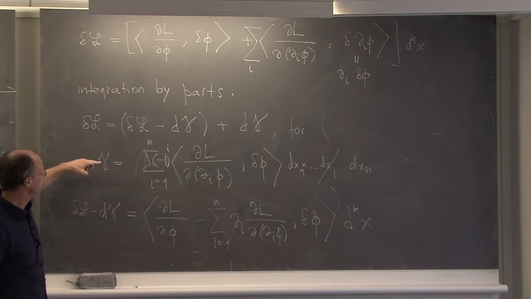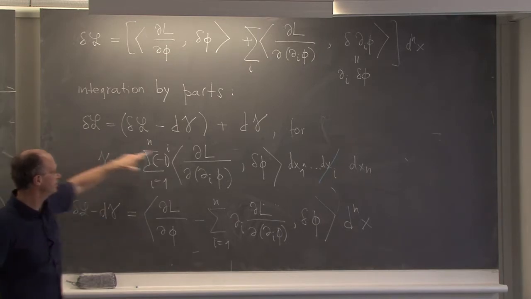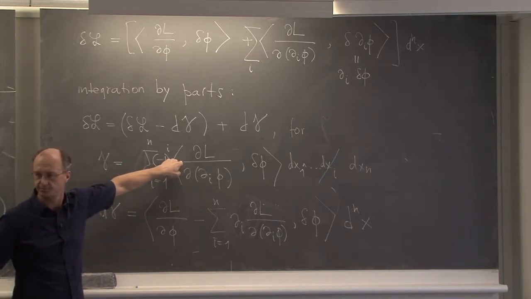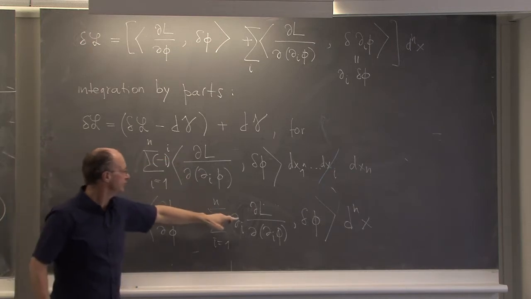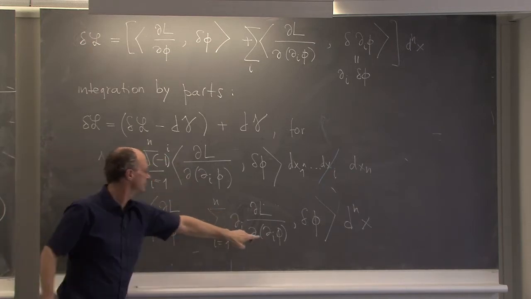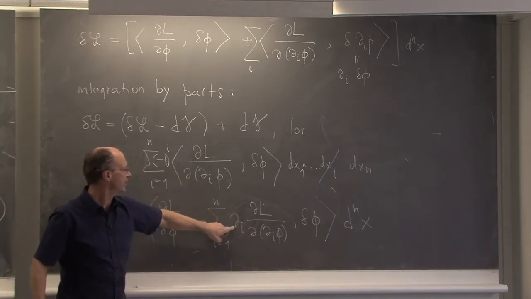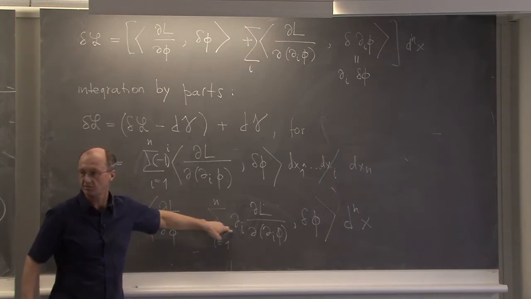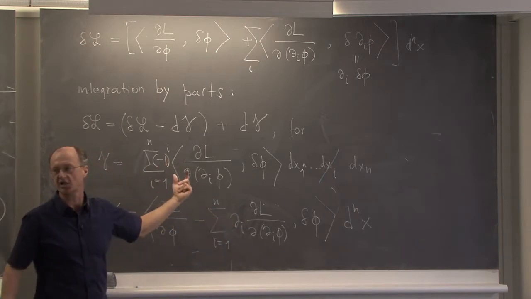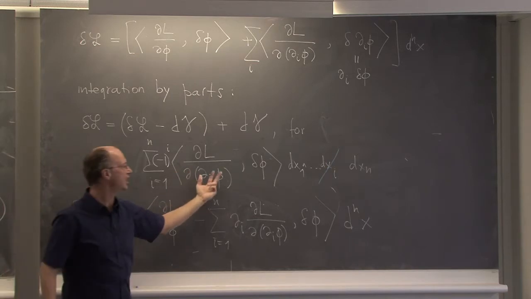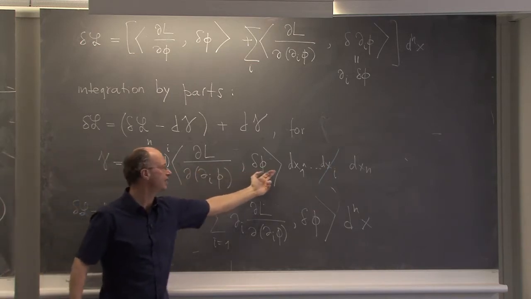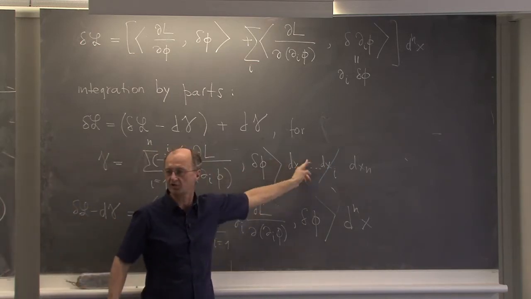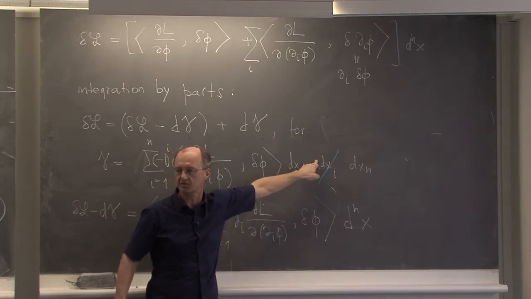When d hits this guy, it gives you a derivative with respect to dxi, and it gives you dxi. So the dxi commutes through delta phi and through i minus 1 dx's to find its place.